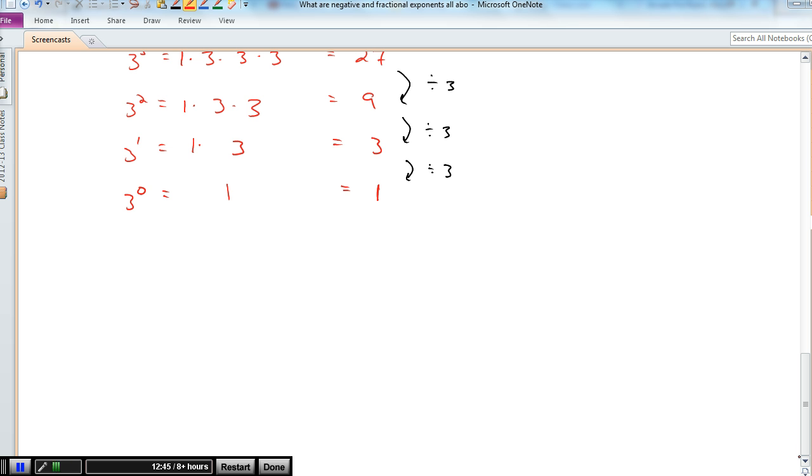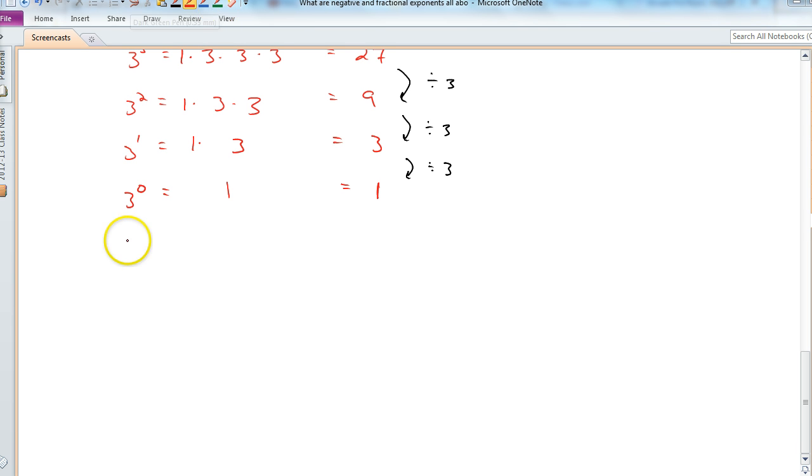Okay, now the negative exponent comes rather simply if you go from here. 3 to the negative first power? Well, if I multiply by a 3 negative 1 times, that's a tough thing to think about. Maybe what I should think about is, let me just continue to divide by 3, and I see that I'm going to get 1/3 here.